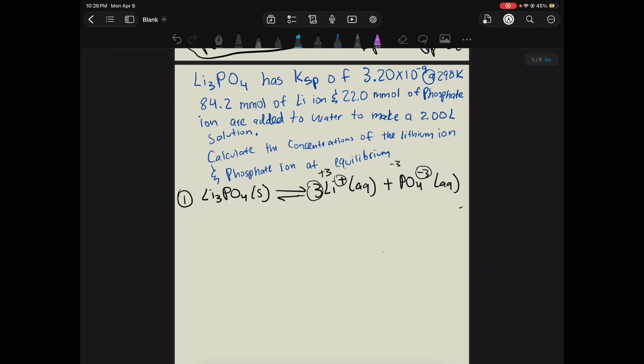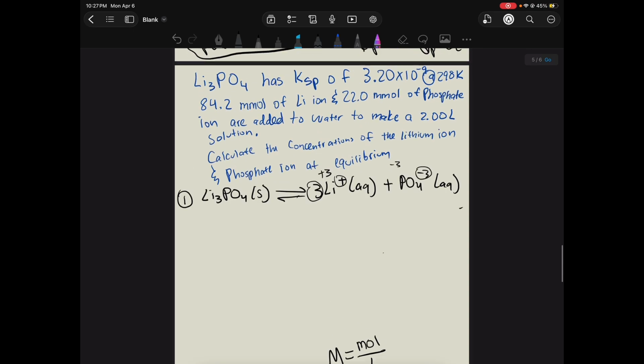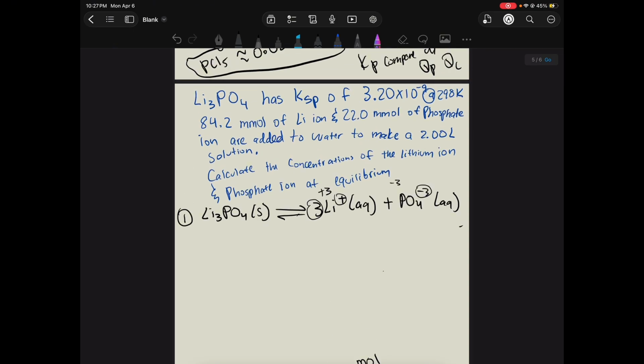What I like to do is convert these millimoles that are given into moles, and then into molars. We can use this formula here that molar is equal to moles divided by liters. Again, molar is equal to moles divided by liters. First, we're given for the lithium ions that 84.2 millimoles are added. We can convert the millimoles to moles by just dividing by 1,000.